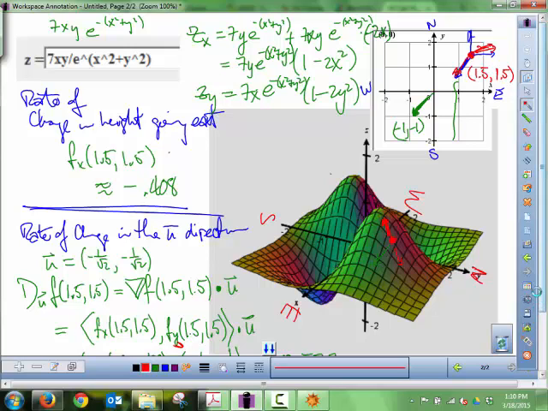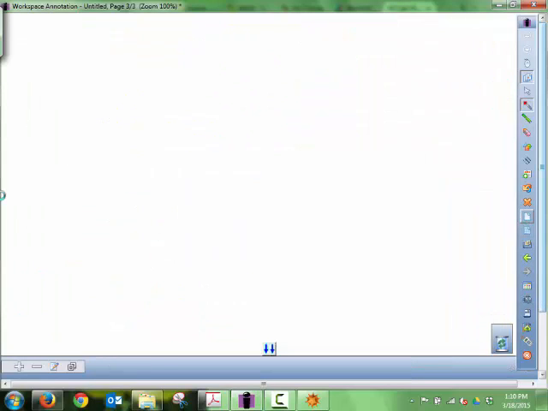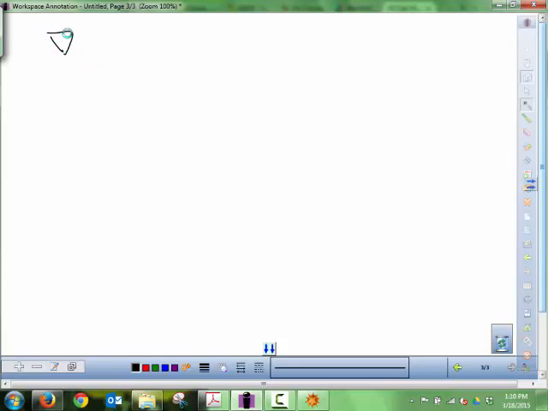So let me lay out the piece of information that might be important here. If you have a function that now takes 3 dimensions for an input and then outputs another value, a 4th dimension, then this is how your gradient would look.